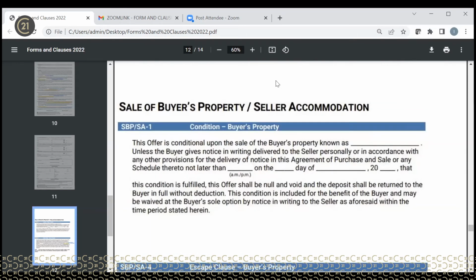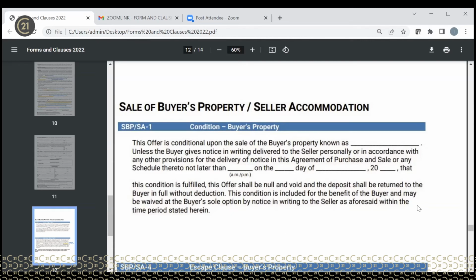The last thing I wanted to address before I take questions is, as the market has shifted a little bit and we're into a more normal market where people are not taking out every condition they can think of. So offers are now coming in with building inspection conditions, financing conditions, and we're even seeing some conditions upon the sale of the buyer's property.